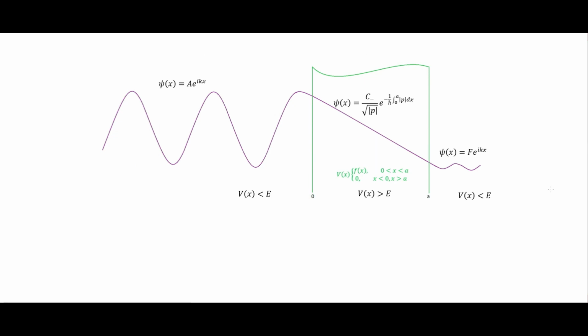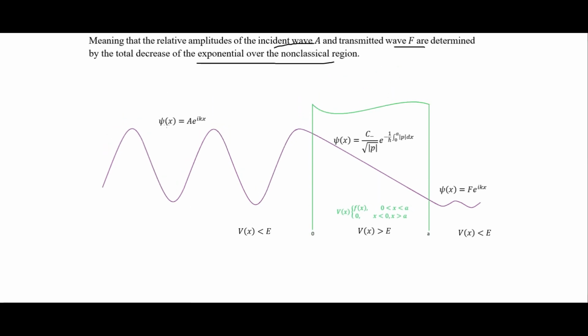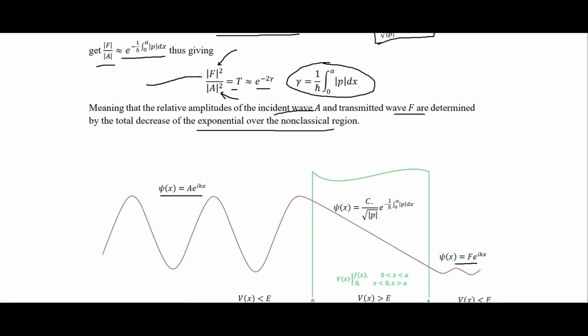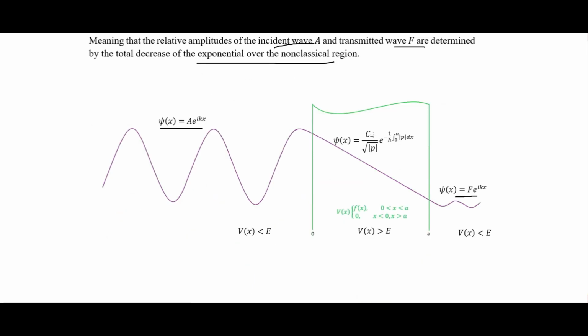And so we can think about it like this. We have our incident particle here and our transmitted particle here. The ratio of our transmitted to incident is going to be equal to this exponential decay right here.